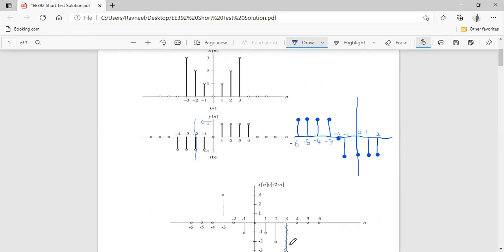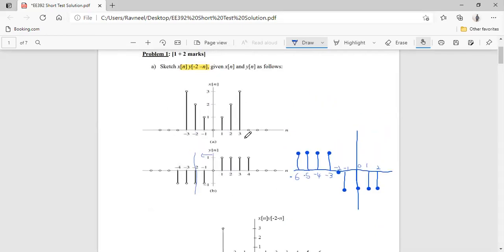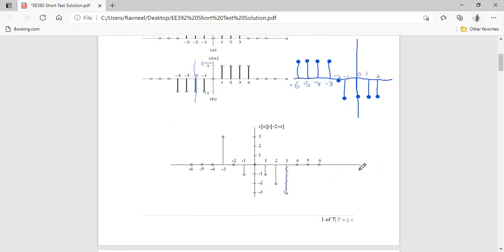So there shouldn't have been a point at 3, because at 3 the value here is 3, but the value over here is 0. So this should have been the graph that you would have got.